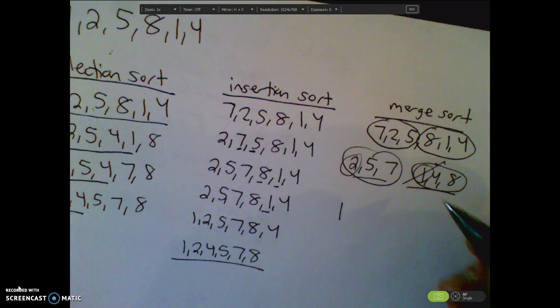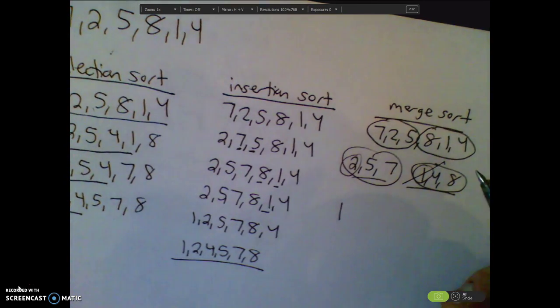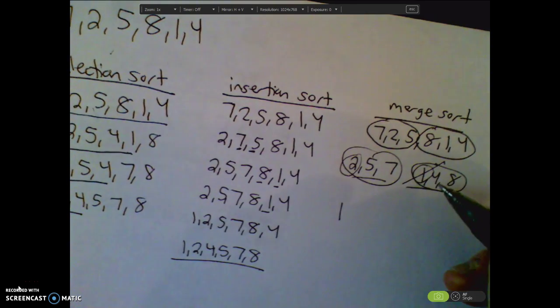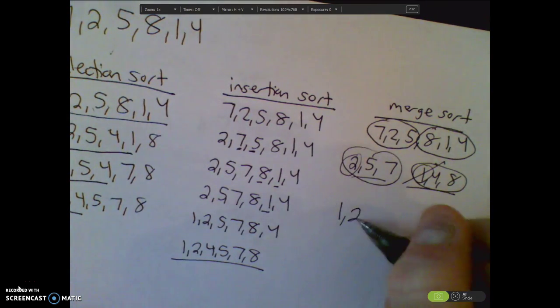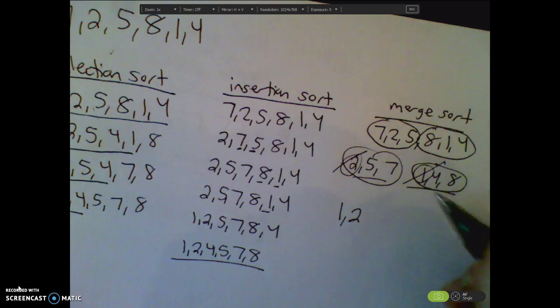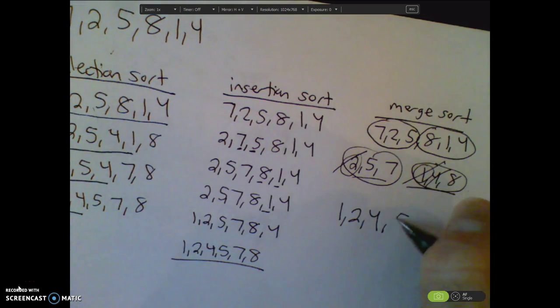And now 4 kind of steps up. It's 2 versus 4. 2 is less than 4, so 2 goes in. Now 5 steps up, so it's 4 versus 5. 4 goes in. 5 versus 8. 5 goes in. 7 versus 8. 7. And then whatever's left will just peel out.